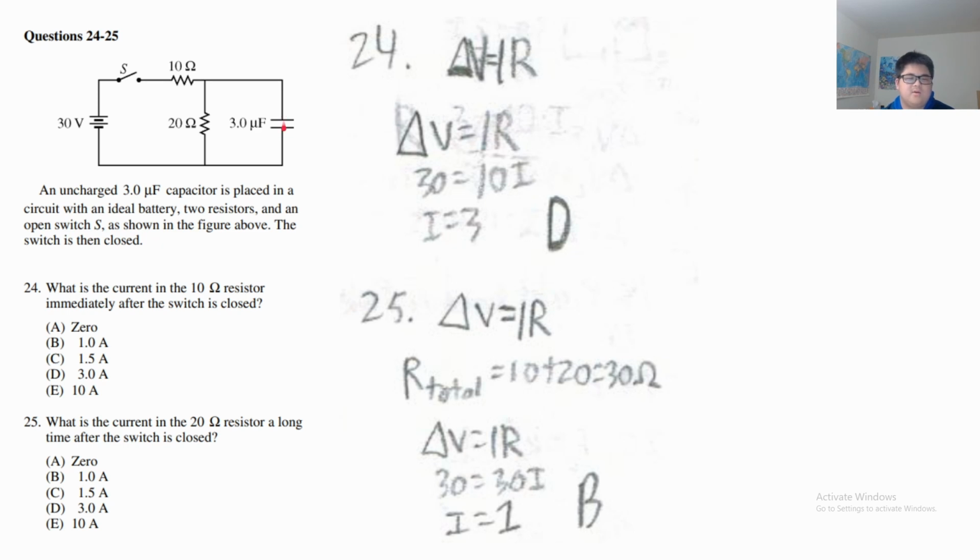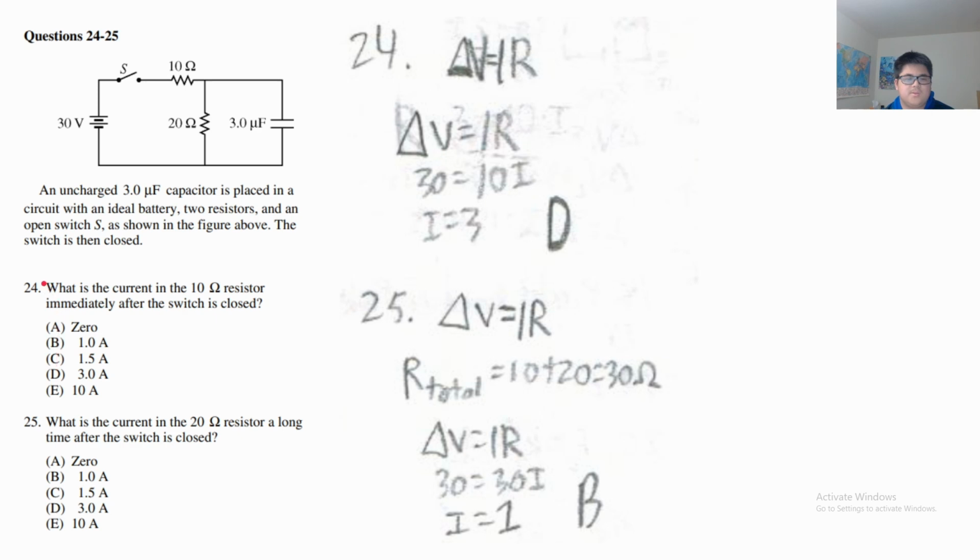Imagining the capacitor as a wire, we know the equivalent resistance would just be 10 ohms, because that means there's zero resistance going here, so therefore no current would flow through the 20 ohm resistor. So the resistance is 10 ohms, and since the voltage is 30, V equals IR, therefore I must be equal to 3, so the current is 3 amps right after the switch is closed.